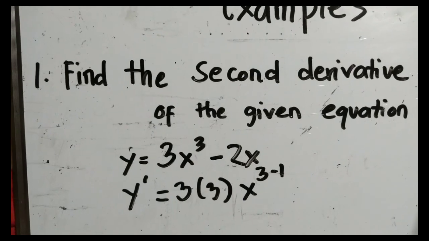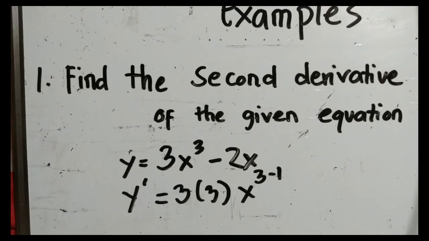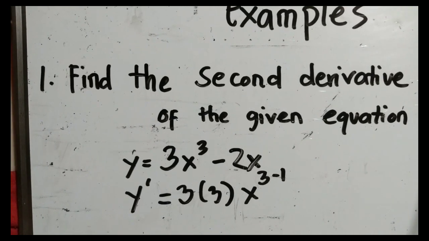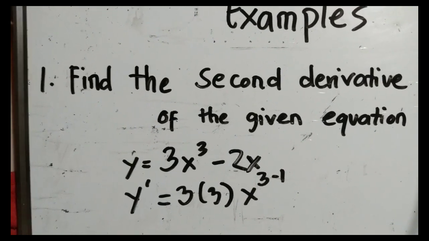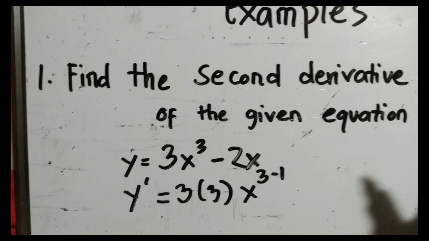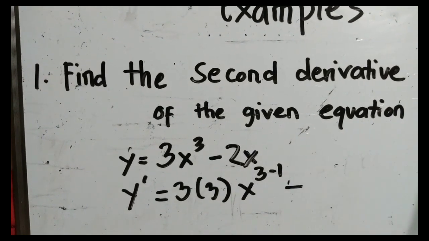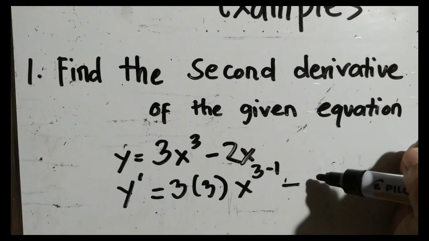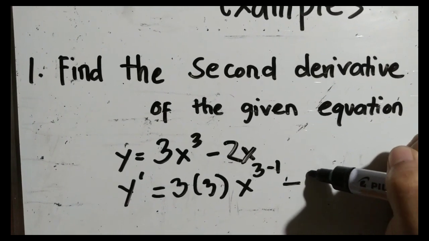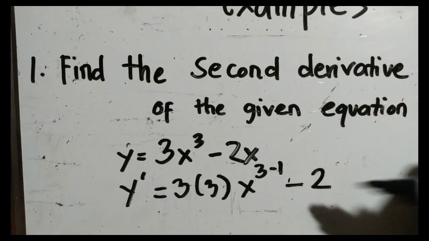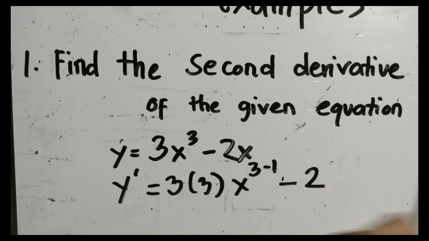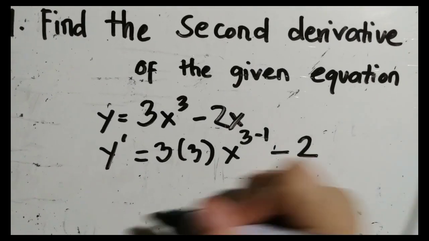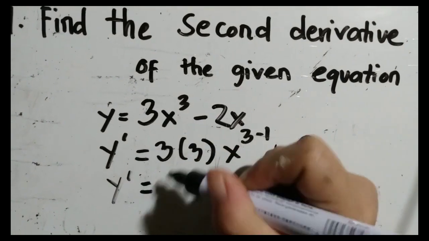That is the rule of derivatives: we subtract 1 from the exponent. Then minus the derivative of 2x, which is 2.